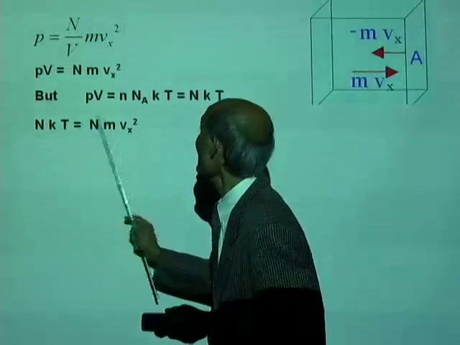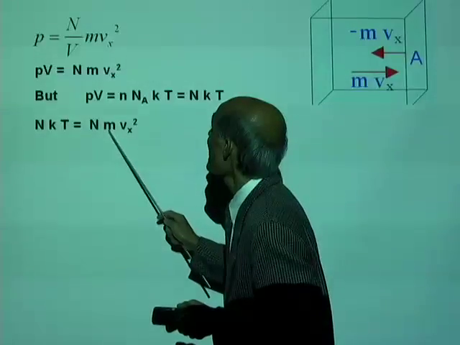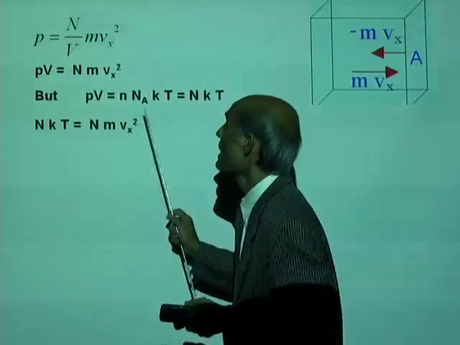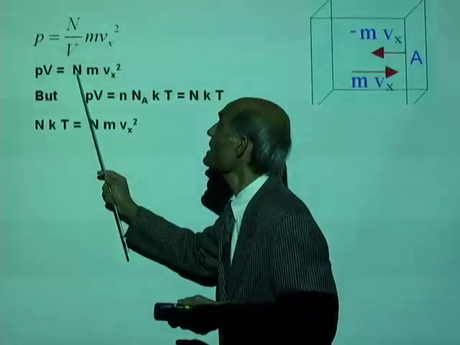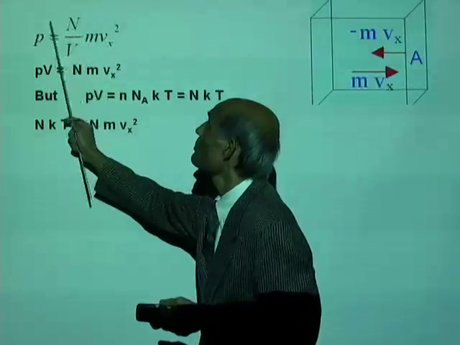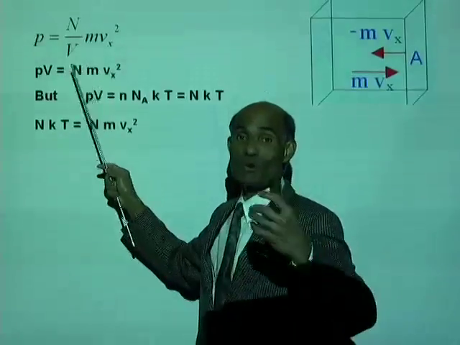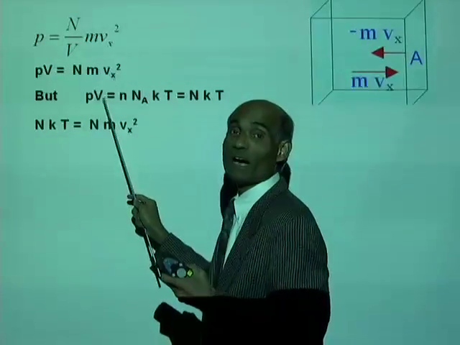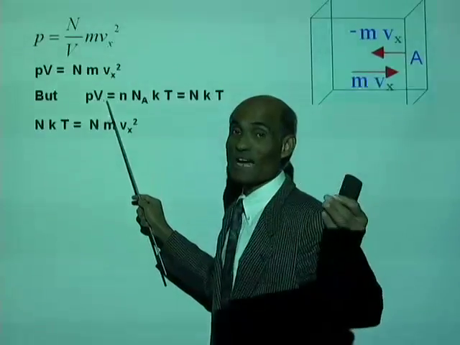So NkT equals N m Vx squared. How did I get this one? Look at this. PV equals N m Vx squared. That is what we have been working hard so far to obtain. And this is the result that we already know from the ideal gas law.